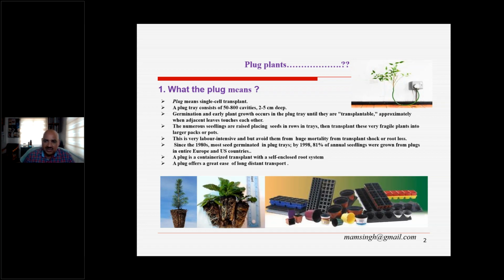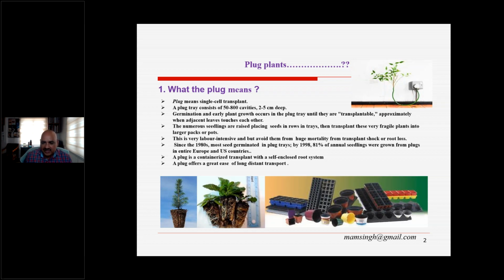Basically, the plug is not an electricity plug, but a plant having a media ball intact, so that the roots are safe even if the plant is displaced or taken out for transplanting, or carried during transition.